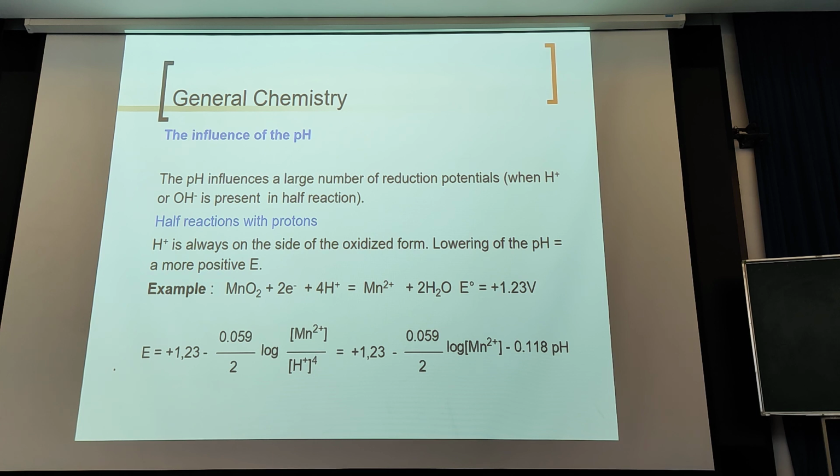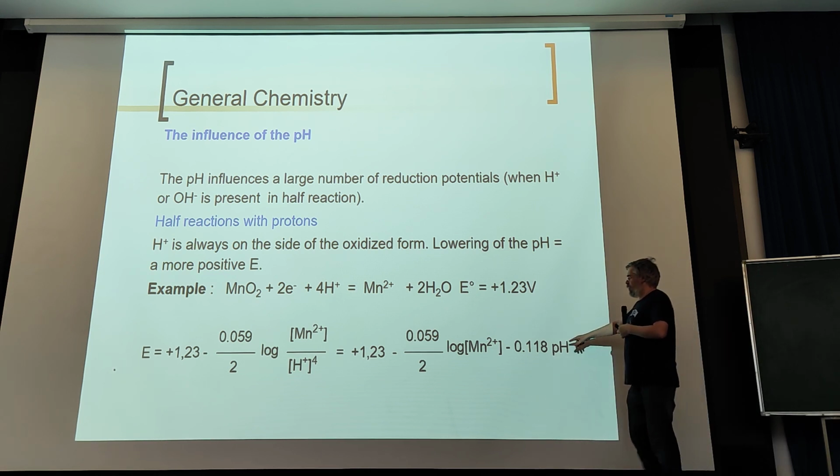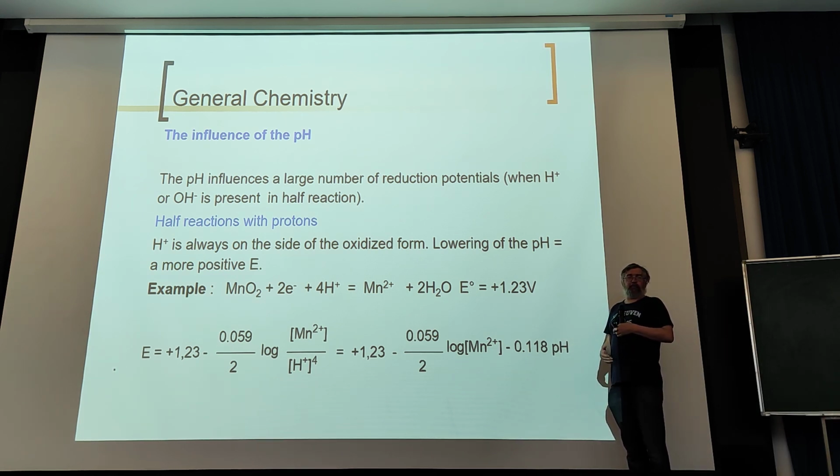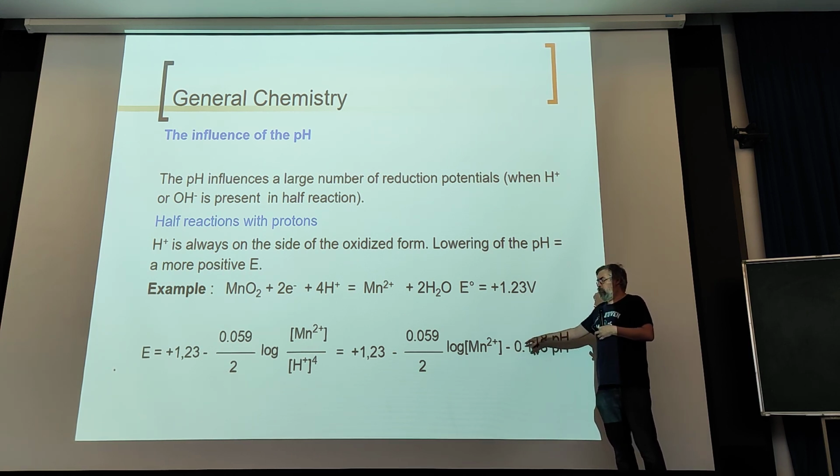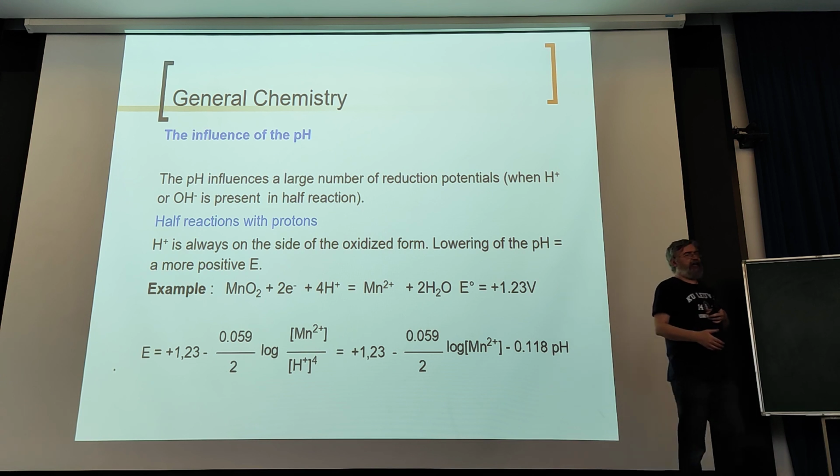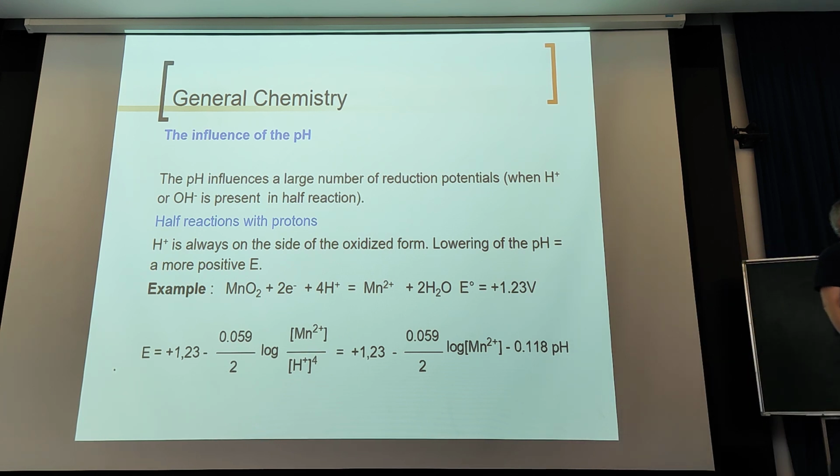What does that mean? If you're in the standard condition, so your pH is 0, 1 molar concentration of H+, this term drops out. But if you, for instance, have a pH 1, which is still acidic, but not as acidic as pH 0, you're going to drop 118 millivolts in your redox potential.